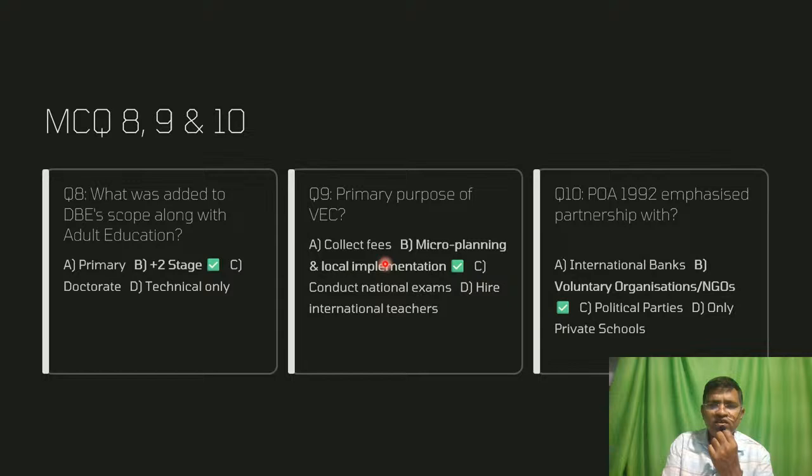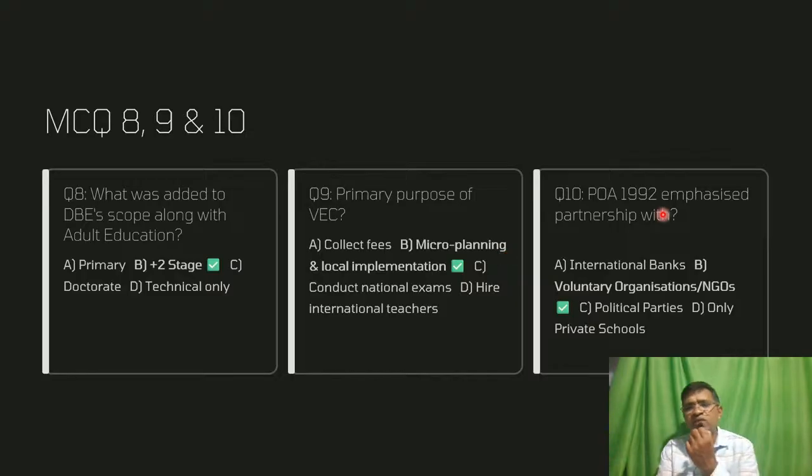What is the primary purpose of the VEC, Village Education Committee? Is it A, collect fees; B, micro planning and local implementation; C, conduct national exams; D, hire international teachers? The primary purpose is micro planning and local implementation of the national level planning.